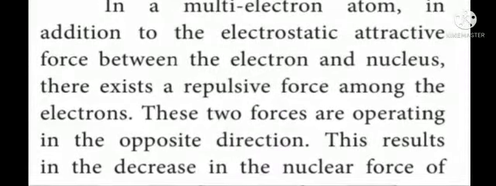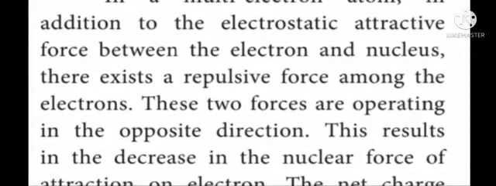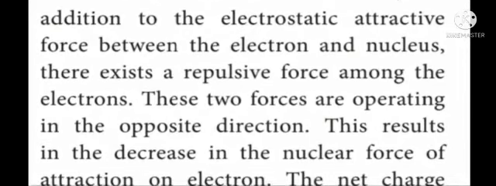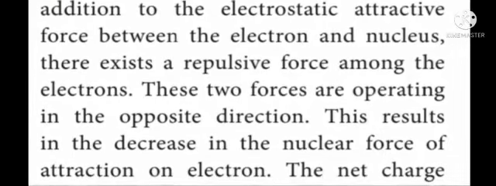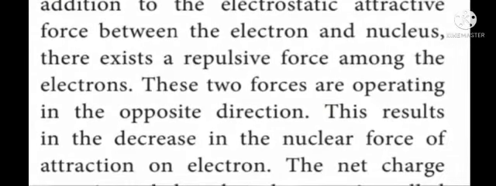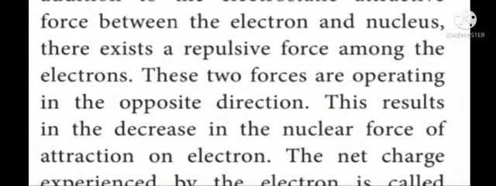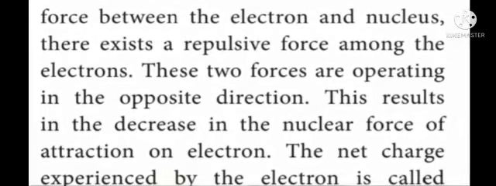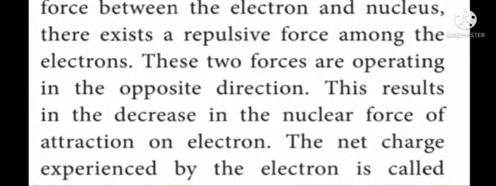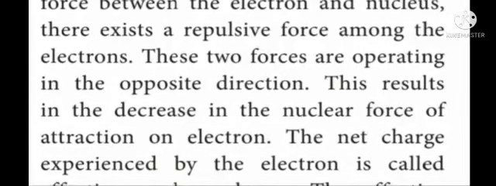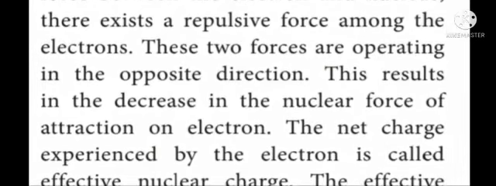In a multi-electron atom, in addition to the electrostatic attractive force between the electron and the nucleus, there exists a repulsive force among the electrons. These two forces operate in opposite directions. This results in a decrease in the nuclear force of attraction on the electron.